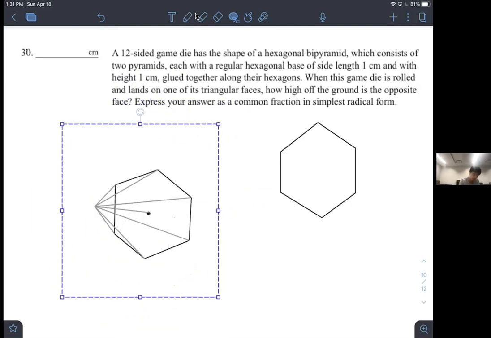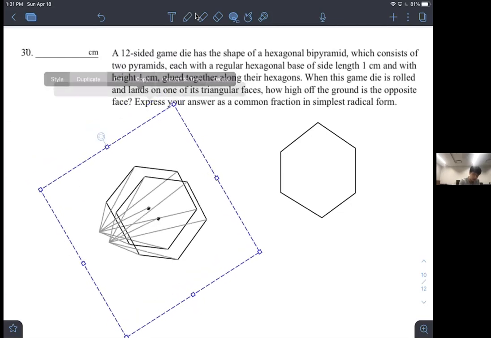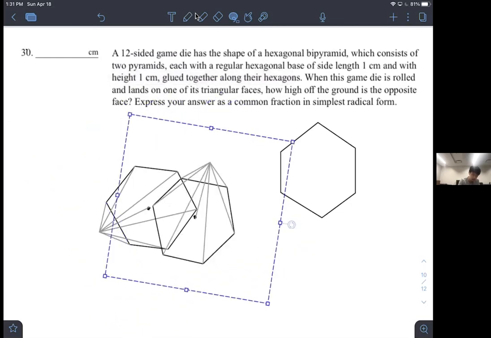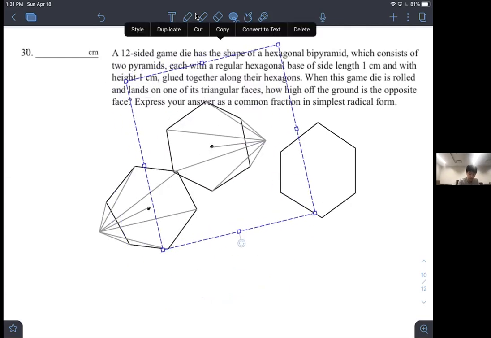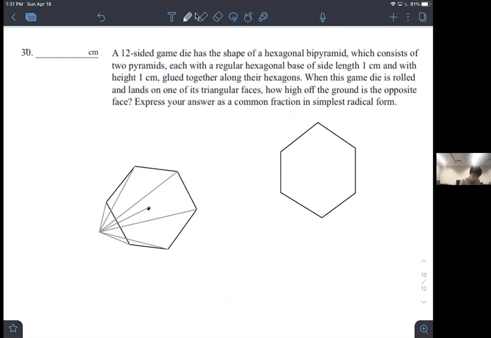So it'll be something like this, and then, okay, actually, that won't work. But anyways, we'll have another vertex over here. This is not the best diagram.